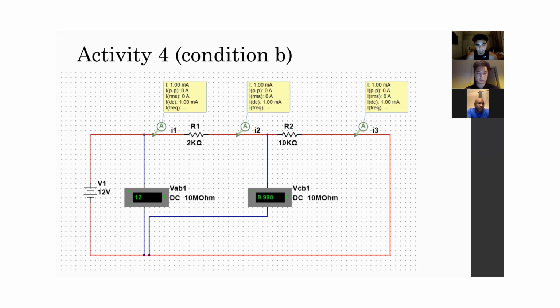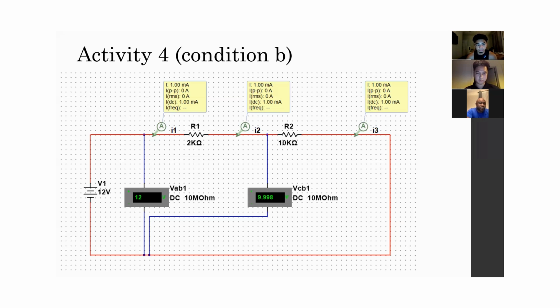When we put the probe across the initial section, we get 12 volts because there's no load across that. That's the load for the battery. We went ahead and put the probe across R1, and we get 1 milliamp.